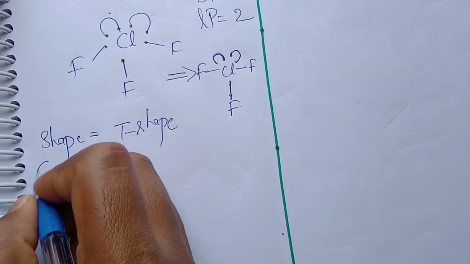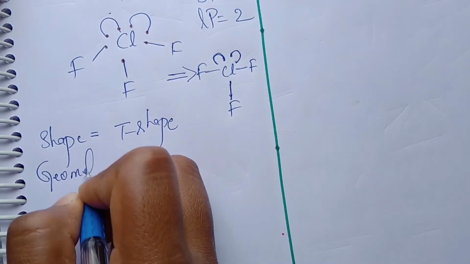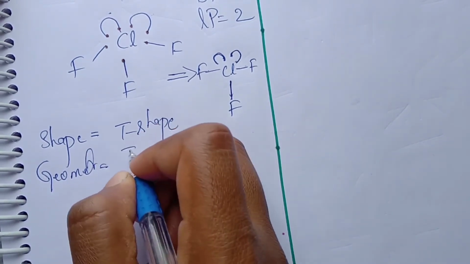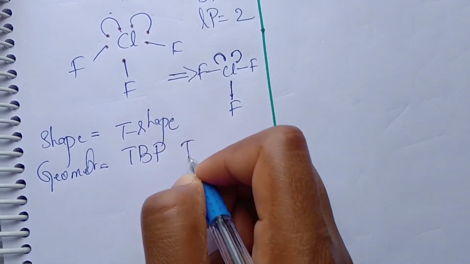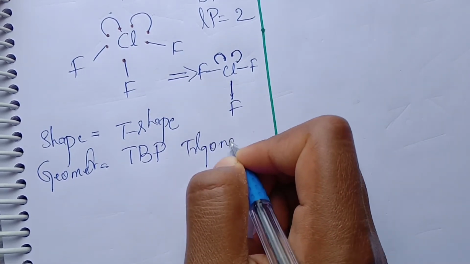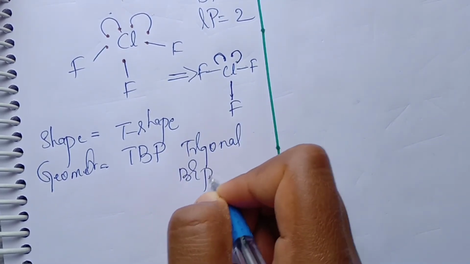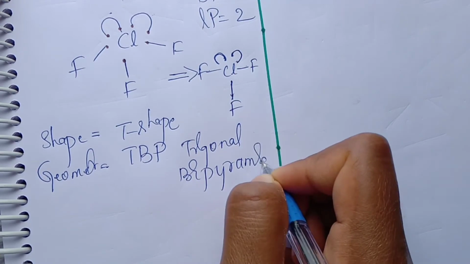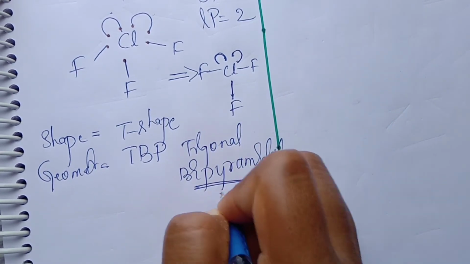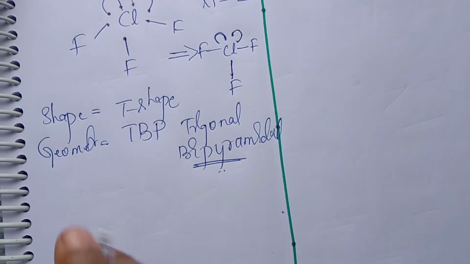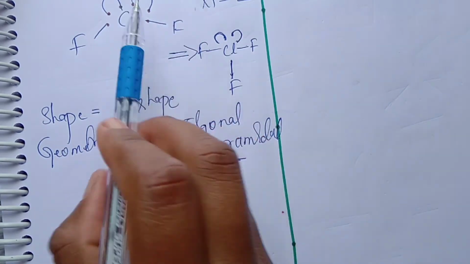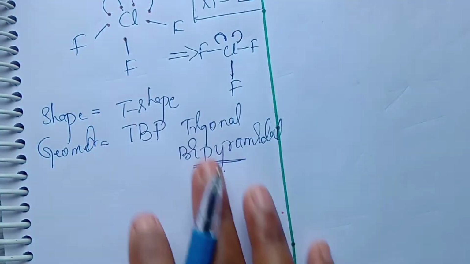Yes. Then geometry: TBP, trigonal bipyramidal. Both lone pairs and bond pairs are considered for the geometry.